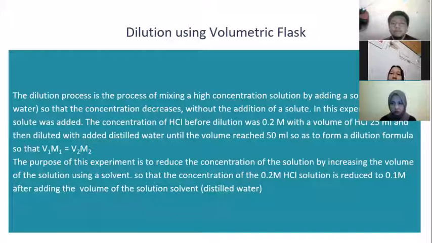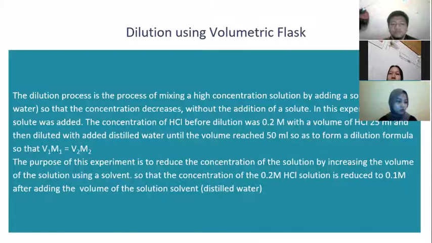The second experiment is dilution using volumetric flask. The dilution process is the process of mixing a high concentration solution by adding a solvent or distilled water so that the concentration decreases without the addition of a solute. In this experiment, no solute was added.